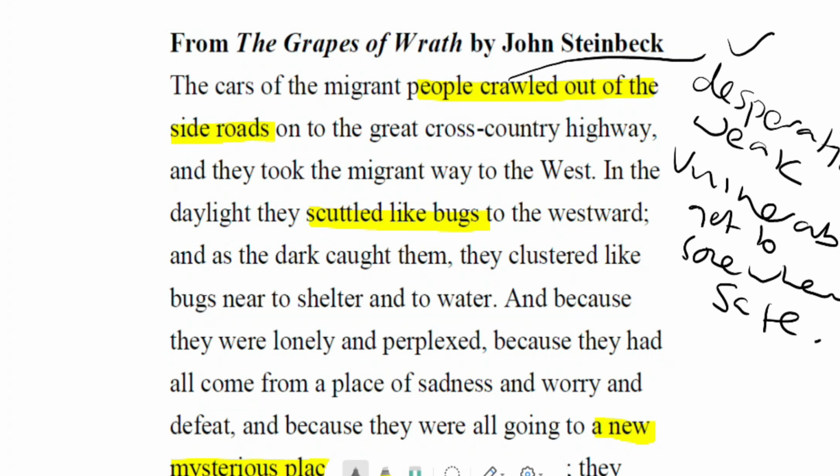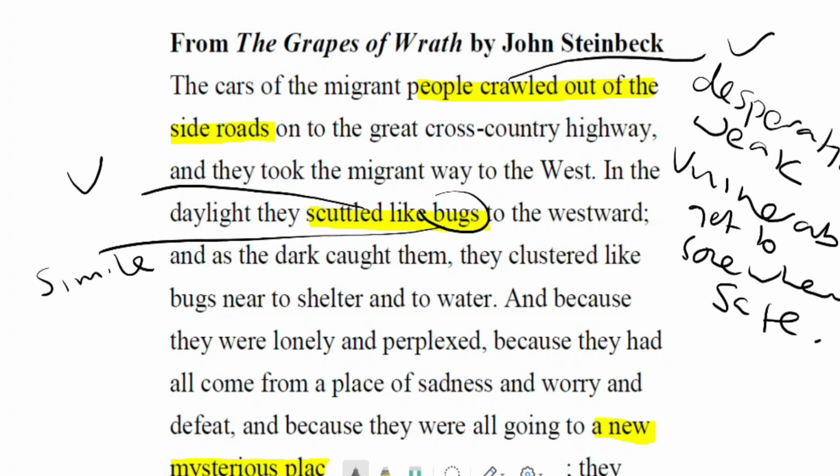Okay, scuttle like bugs. Again, we've got another verb here, all about movement. So they're in a hurry to get to somewhere quite safe. And then we've got this simile here as well.